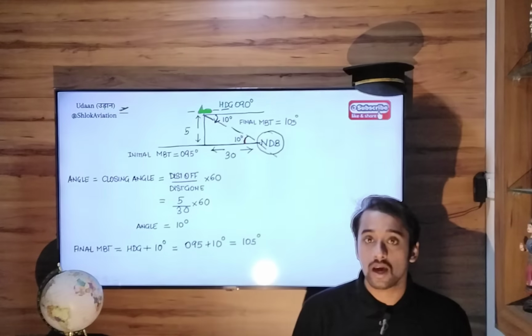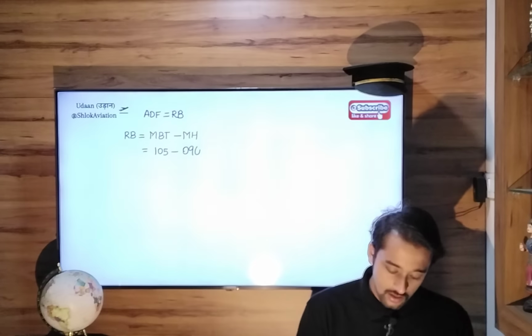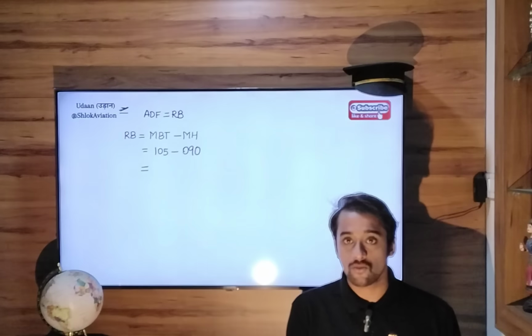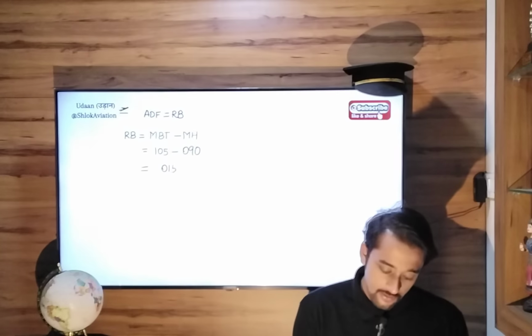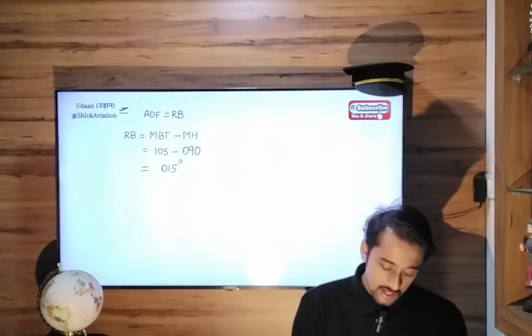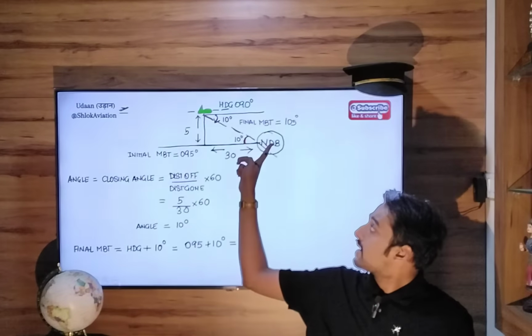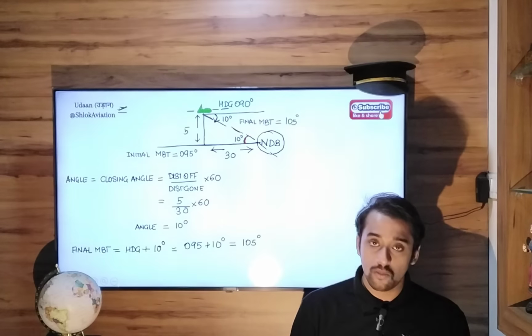Magnetic heading is 090. So 105 minus 090 is what difference? It is 015 degrees. So relative bearing is 015 degrees, meaning as you can see diagrammatically also, NDB is to the right of aircraft, and we have done this so many times.